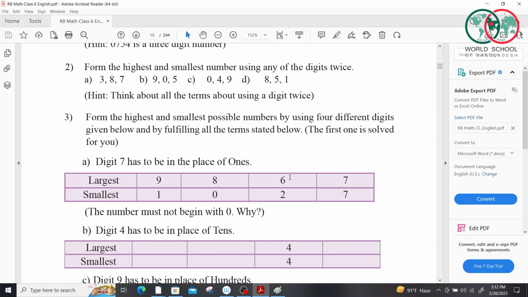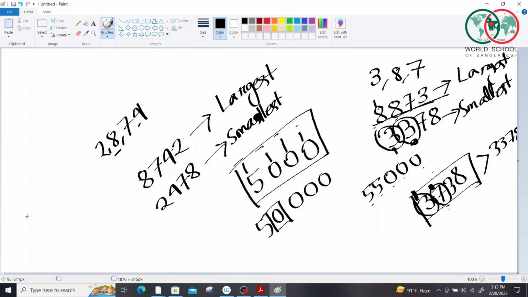From 0 to 9 the smallest number is 0, but we can't write 0 in the 1000 position, because if we write 0 in the 1000 position, then it is not a 4-digit number anymore. It becomes a 3-digit number. That means whenever we write 0300, this 0 has no value.